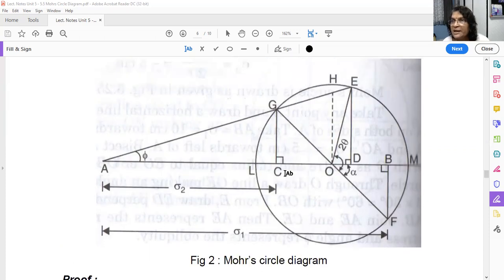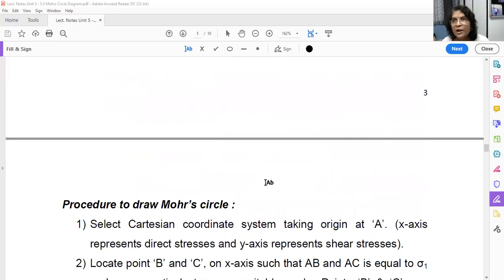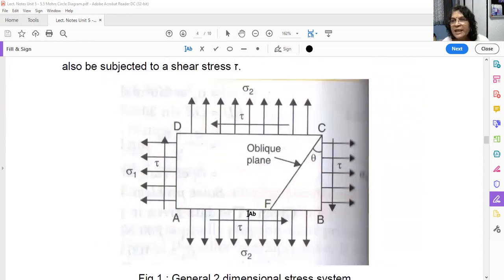Understood? Similarly, from C, draw CG above, perpendicular. This will represent tau on these two faces, AB and CD.